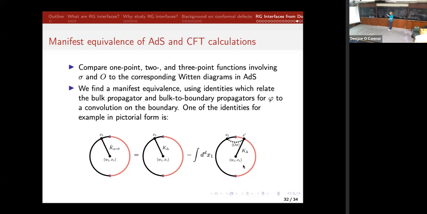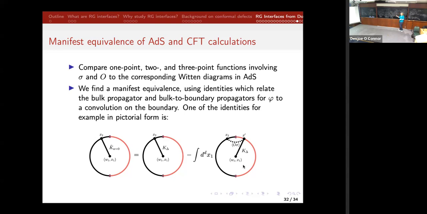And if we specifically want the 1-point function of O, which is associated with the IR side, it should correspond to a tadpole Witten diagram which ends on the W equals 0 side. And if we wanted the 1-point function of sigma, it should correspond to a tadpole Witten diagram, which ends on the opposite side.